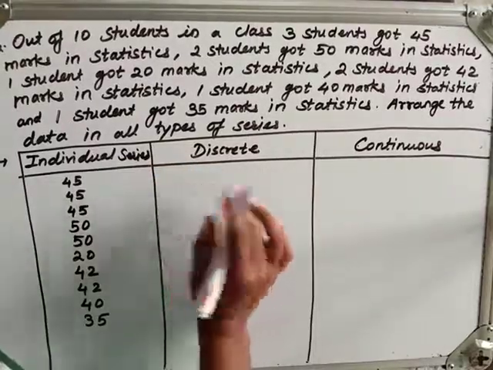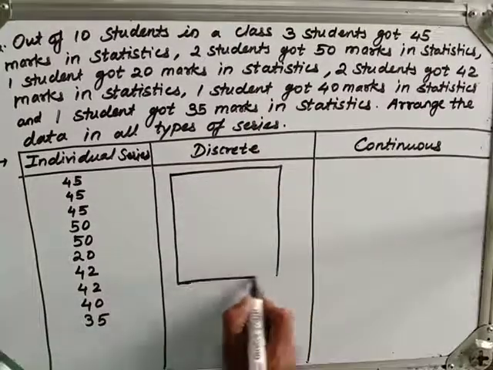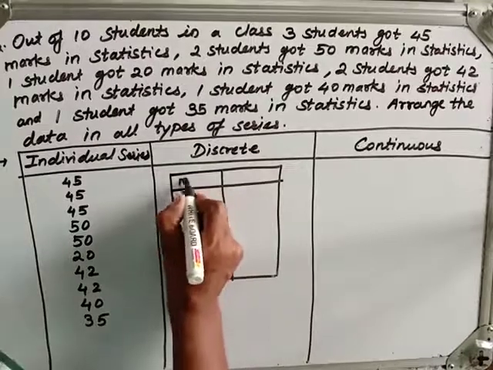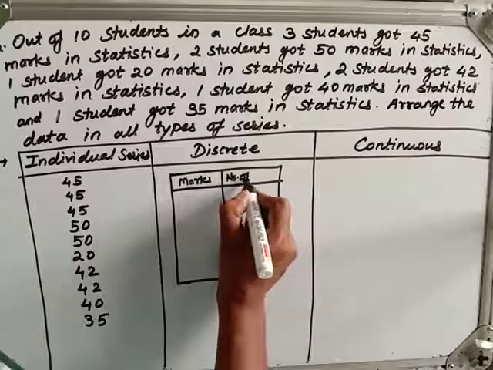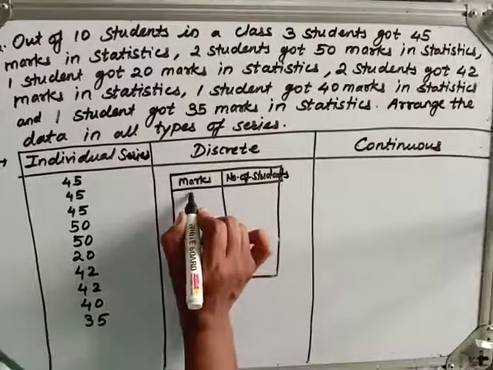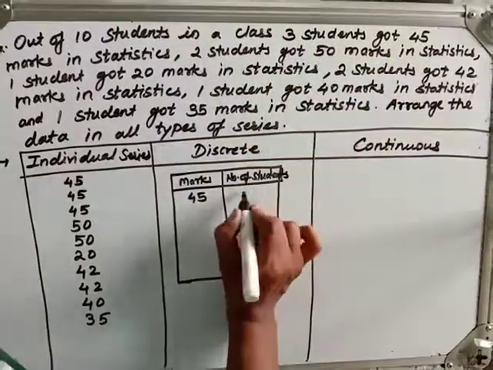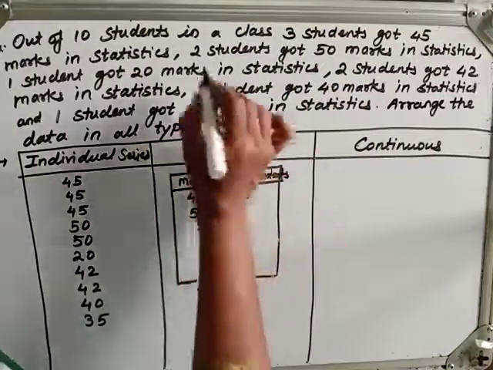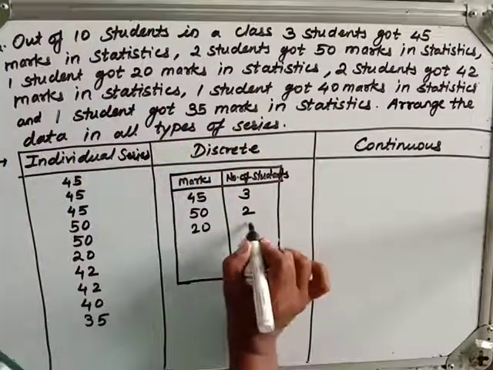Now the discrete series. In discrete series, there are 2 groups. So now here we will write the marks and the number of students, that will become the frequency. 45 marks are got by 3 students. 50 marks are got by 2 students. 20 marks are got by 1 student.